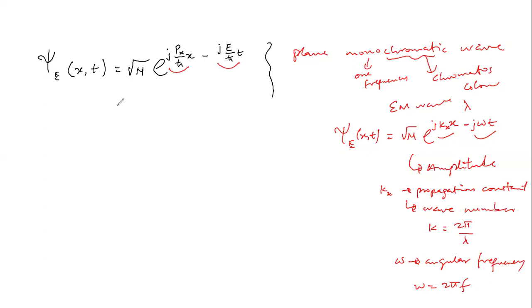So it's not a big deal. Now, from this, we know that the propagation constant K sub x will be the same as P sub x over H cross.